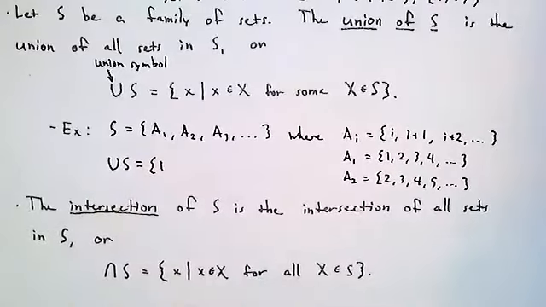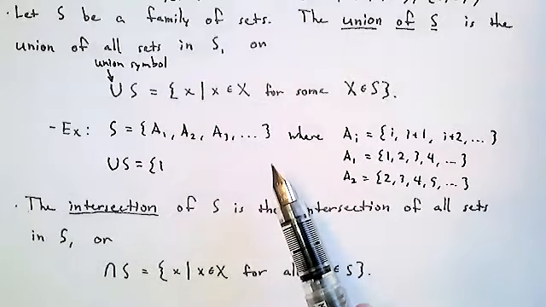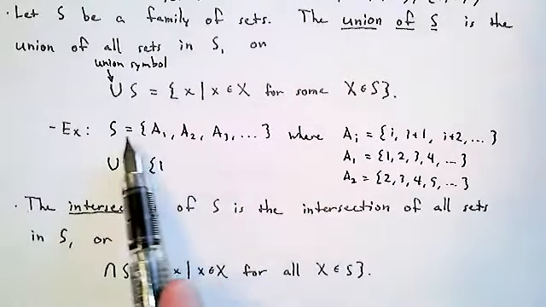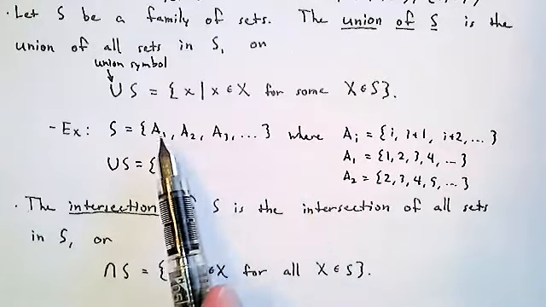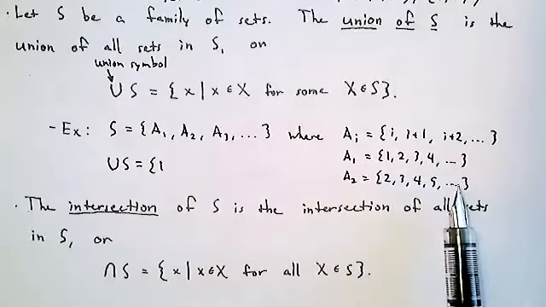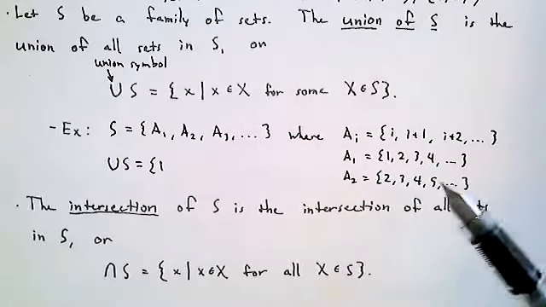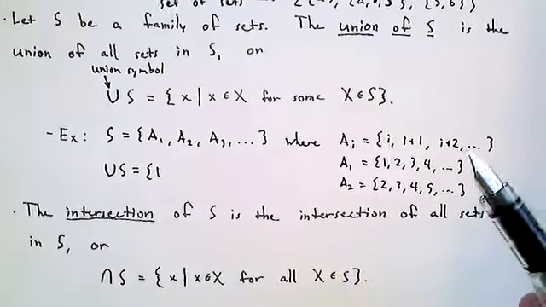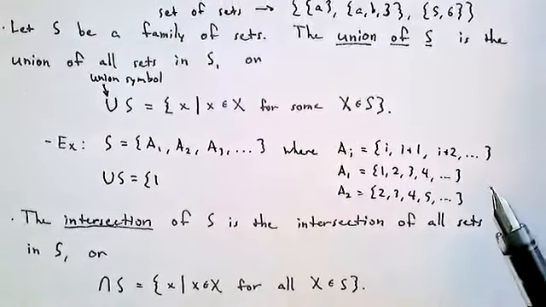This is a bit more complicated example, so that we can stretch our imagination here. I have a family with an infinite number of sets in it, and each of these sets also has an infinite number of elements. It's a bit of a stretch compared to a little family where we can just write it out.